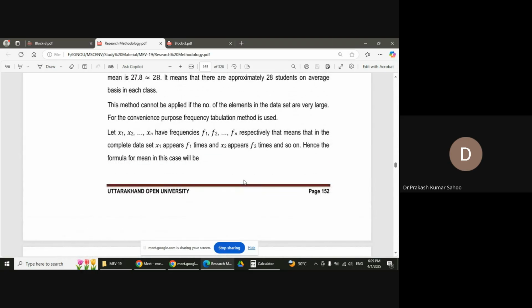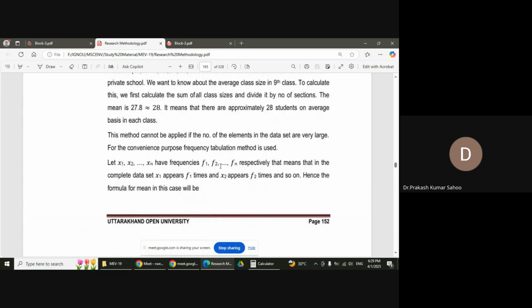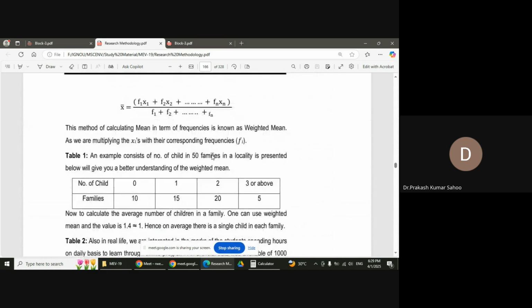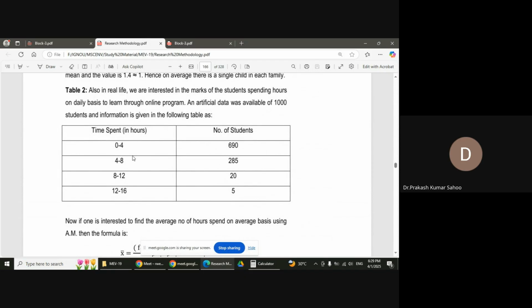Then this is the direct method. Now, if I have some data with some frequencies, just see here. 0 to 4 hours is the time spent by 690 students. 4 to 8, 285 students. 8 to 12, 20 students. 12 to 16, 5 students.